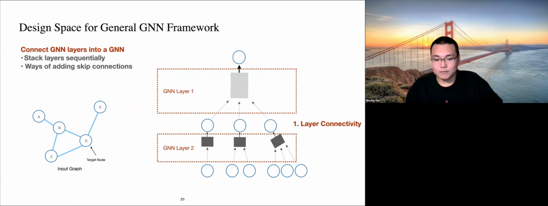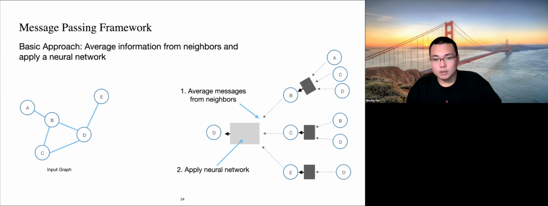So far we've talked about layer connectivity, where we stack layers sequentially and try to add skip connections for deeper models. Now we'll talk about aggregations. Our basic approach here is to average information from neighbors and apply a neural network.